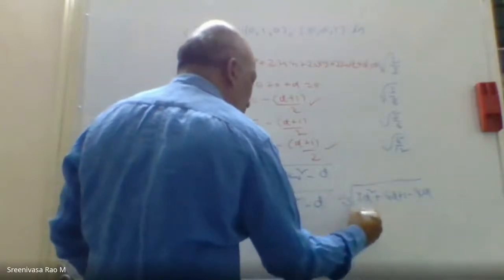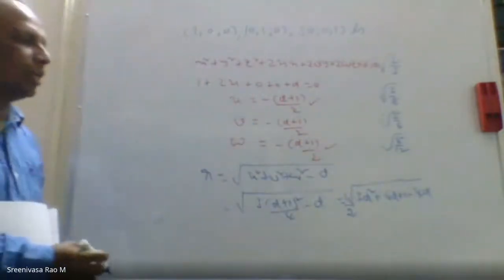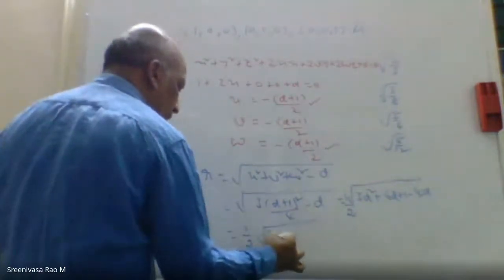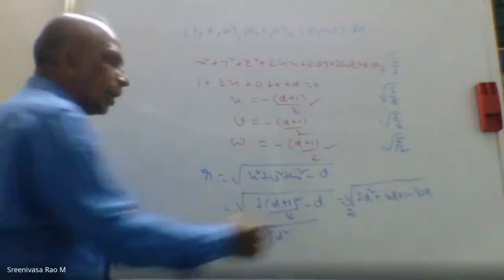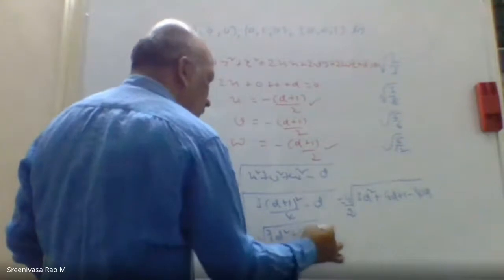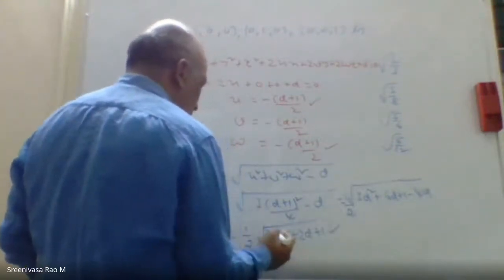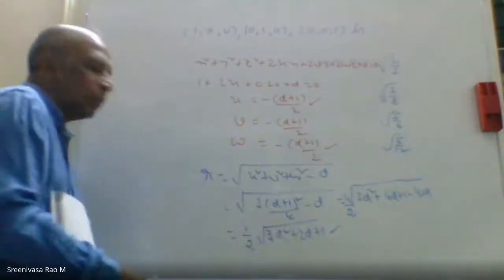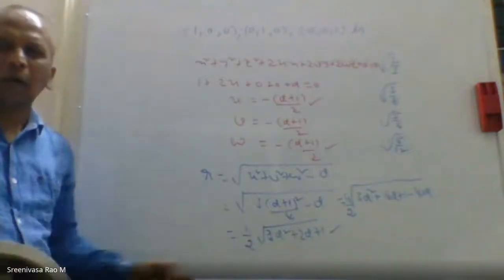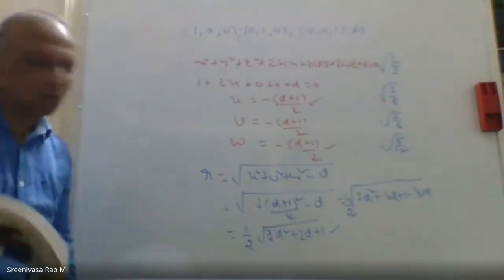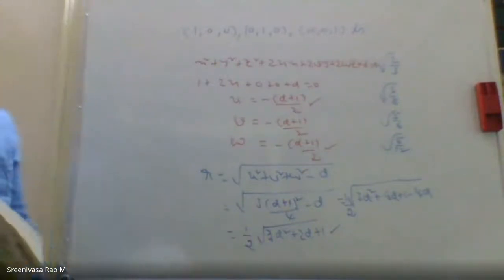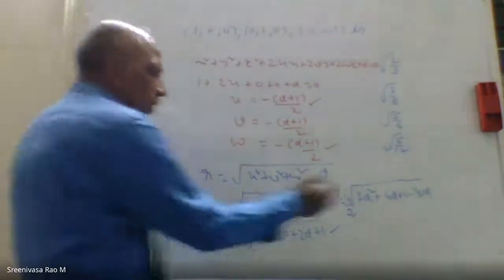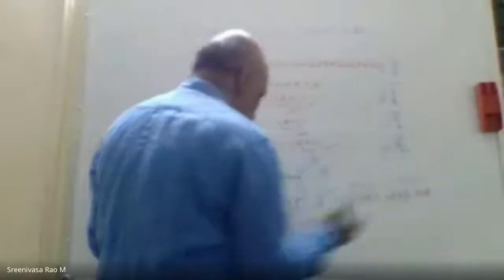After taking LCM, this will become 1 by 2 root of 3d square plus 2d plus 3. So R is equal to 1 by 2 into root of 3d square plus 2d plus 3. The plus 1 is not correct; this is 3 into 1, so you will get 3.